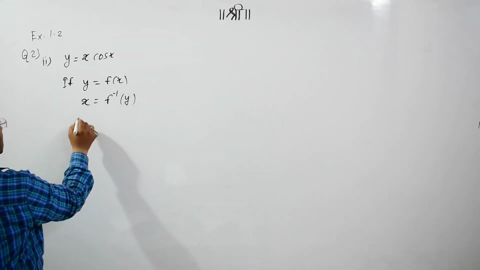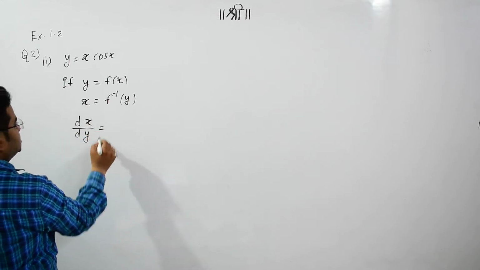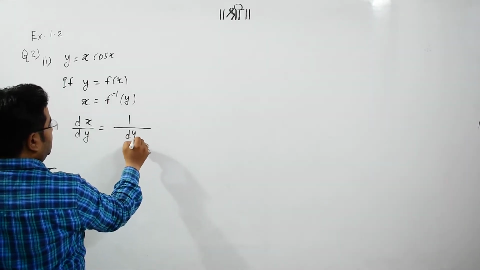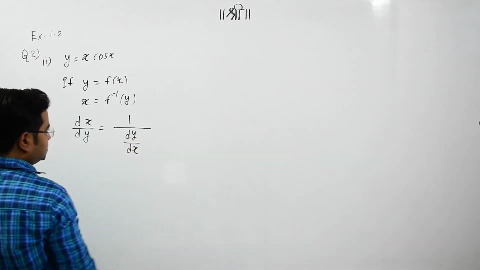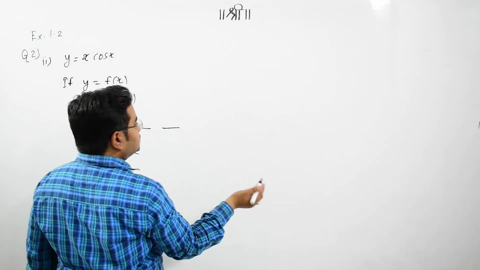Understood? Now differentiating both sides with respect to y, dy upon dx is equal to 1 upon dy upon dx. Now this is called the derivative of the inverse function.